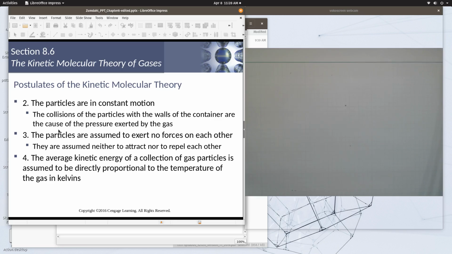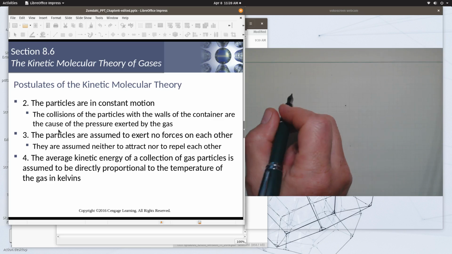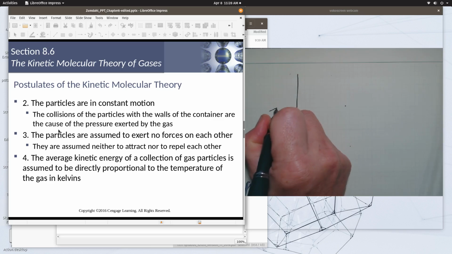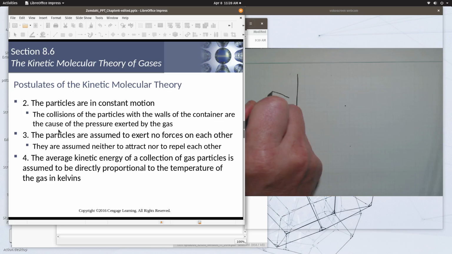The atoms and molecules in my finger are squeezing on the electron density of the glass, trying to push it out of the way. That's not the case in a volume of gas. I really have atoms that are moving and colliding with the wall.